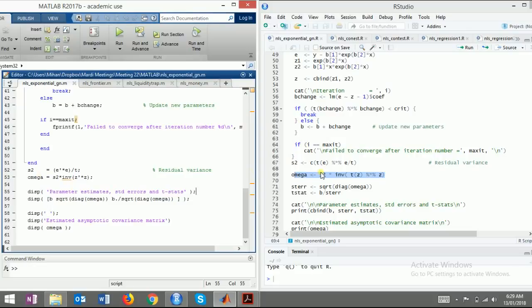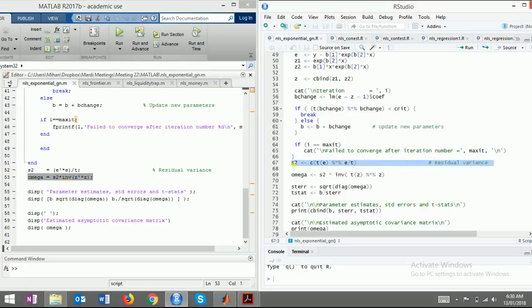So S2 is e transpose multiplied by e divided by T. Omega is simply that. Okay, this is the residual variance in a column. That's what I want. So parameter estimates, standard errors, and t-statistics.